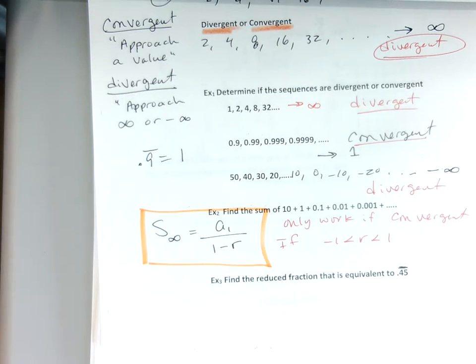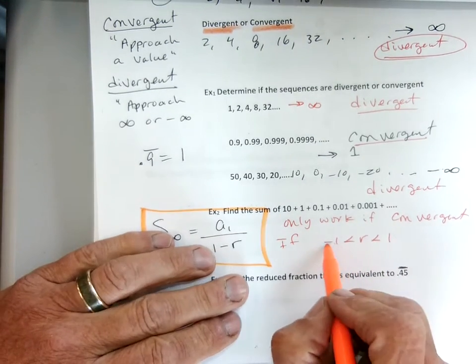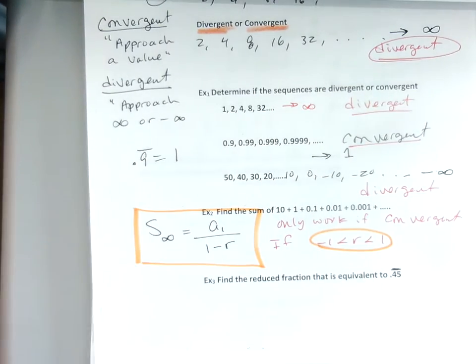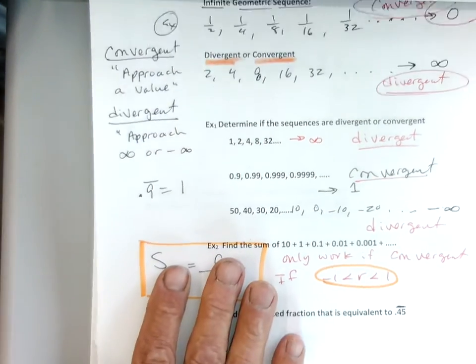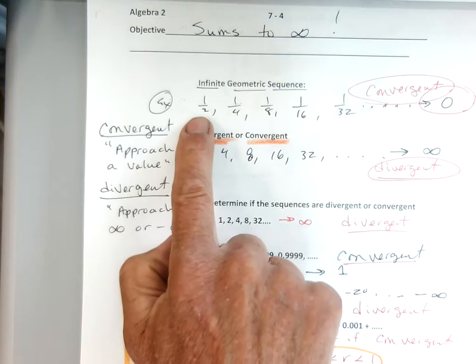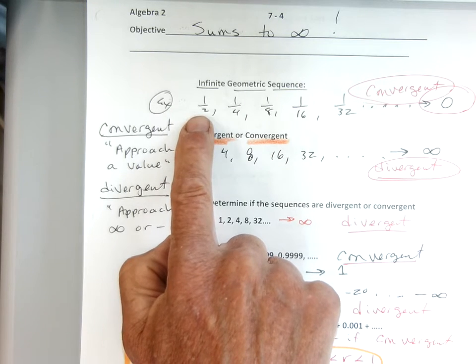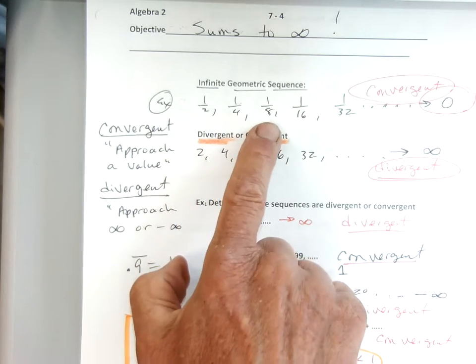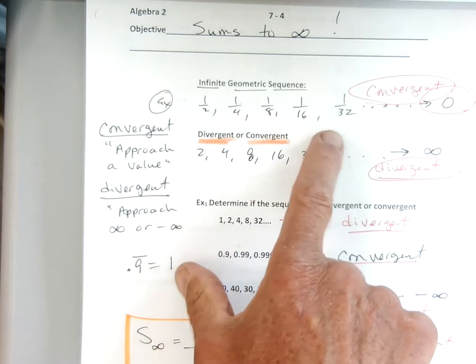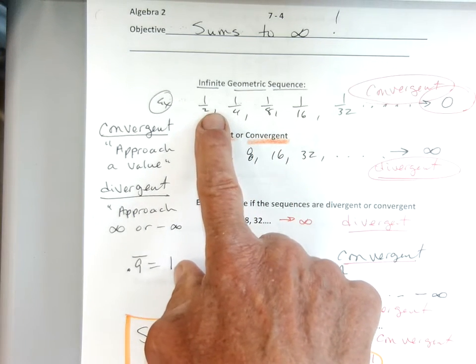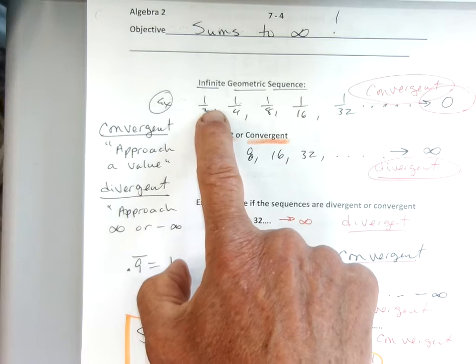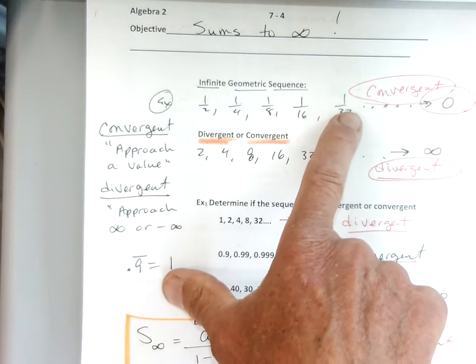And what do I mean by that? If R is less than 1, it's in between -1 and 1, okay? R in this case was 1/2. I multiplied by 1/2, I multiplied by 1/2, I multiplied by 1/2. See that? And when I multiply by a decimal or a fraction, something less than 1, it makes it smaller, doesn't it?